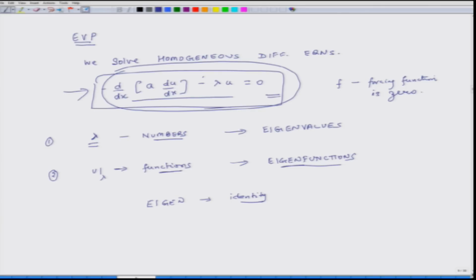These lambdas are basically the identity. If there is nothing external, howsoever the system behaves will be purely driven from the internals of the system. That is why this idea of the identity of the system is related to this thing called eigen.